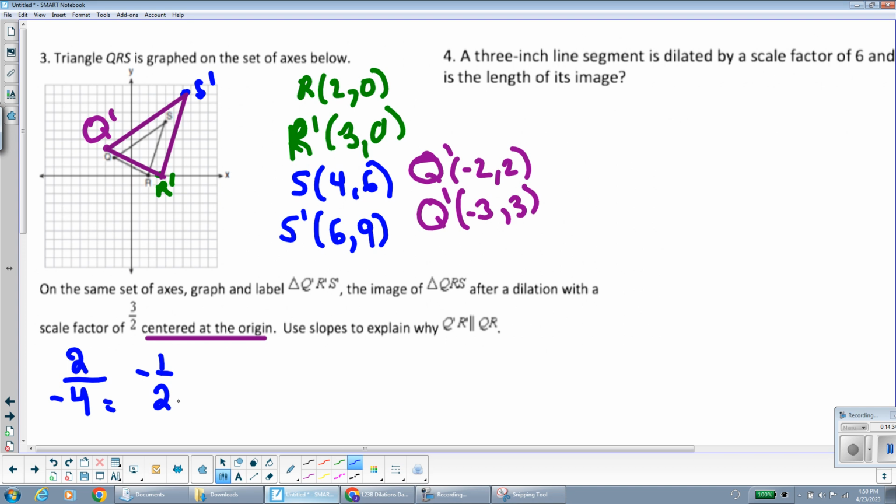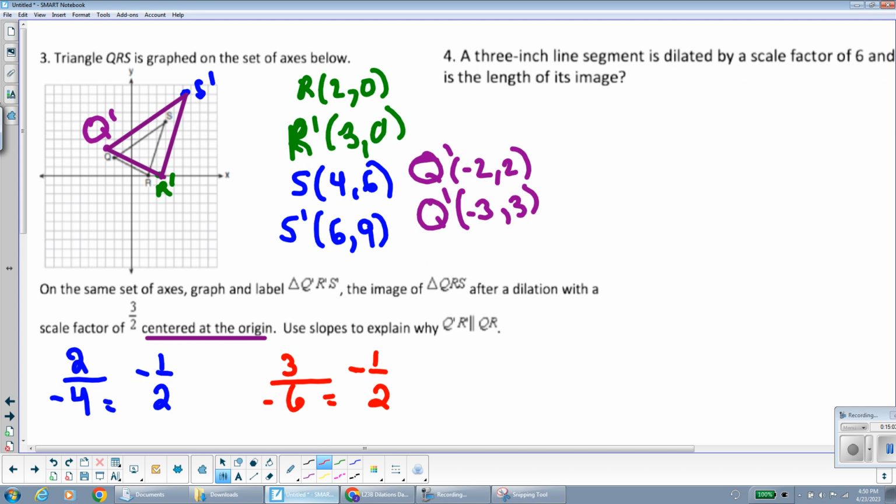So that's for QR. Now let me try Q prime R prime. So 3 minus 0 is 3. And then we have -3 minus 3. And -3 minus 3 is -6, and that also reduces to negative 1/2.